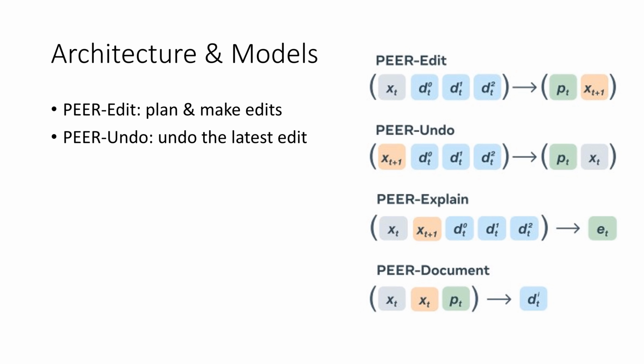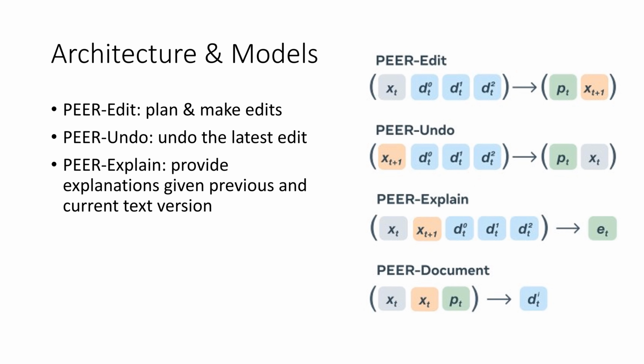The second model learns to undo the latest edit given the previous edit plan and documents. The third model learns to provide explanations given the previous and current text versions and documents. The last model learns to generate documents that provide useful background information for the edit given the previous and current text versions along with edit plans.